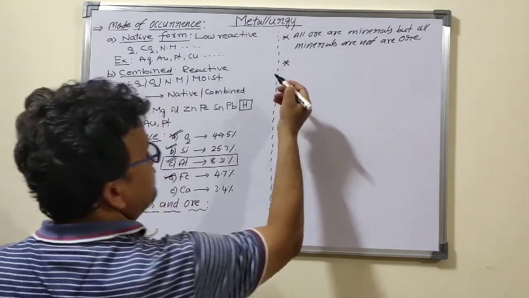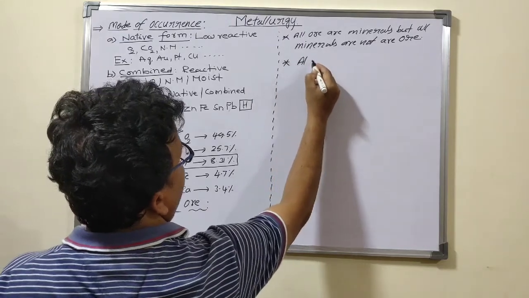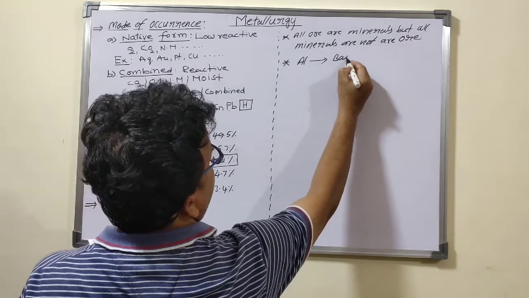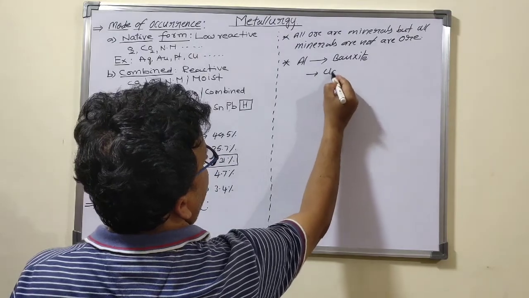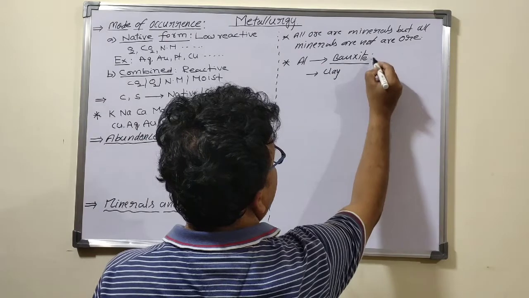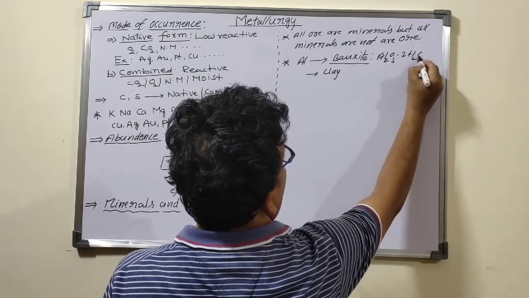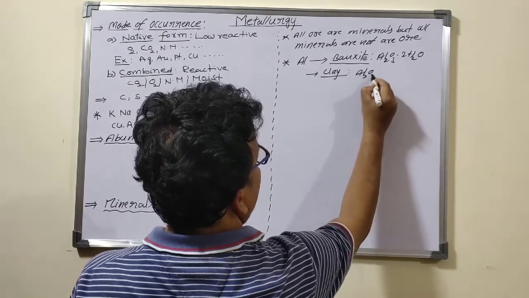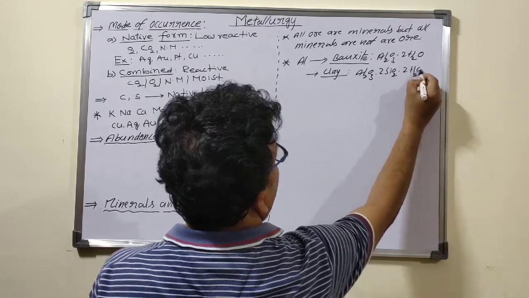Generally, elements occur in different forms. For example, aluminium exists in the form of bauxite as well as clay. The formula for bauxite is Al2O3.2H2O, and the formula for clay is Al2O3.2SiO2.2H2O.